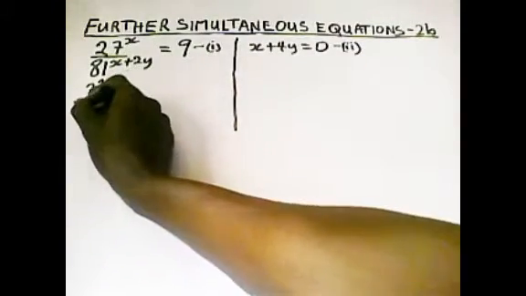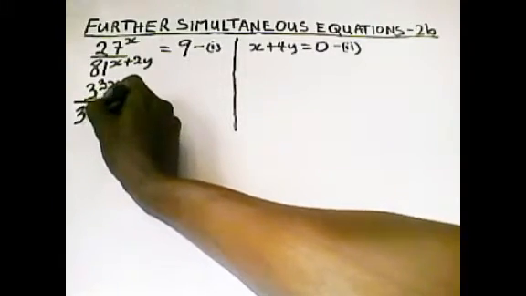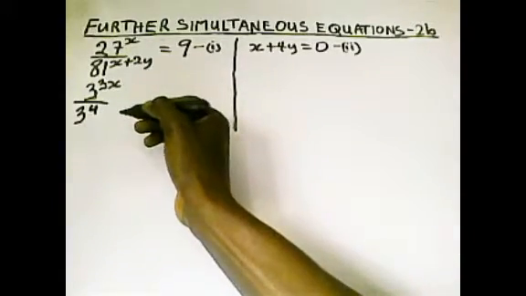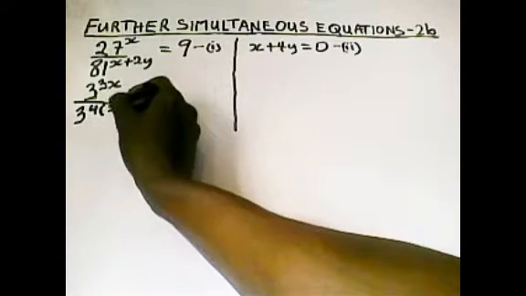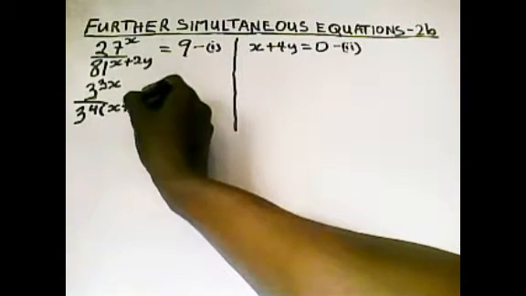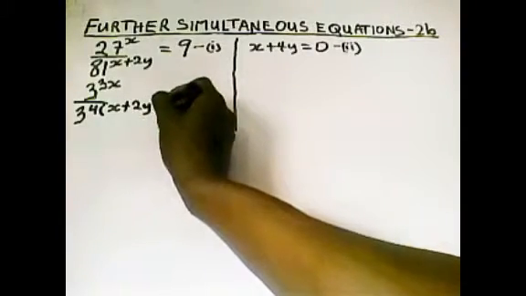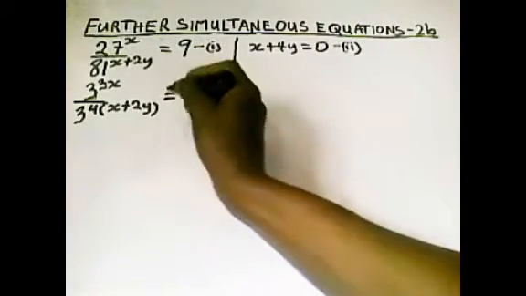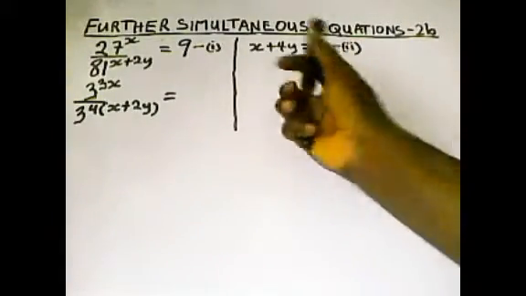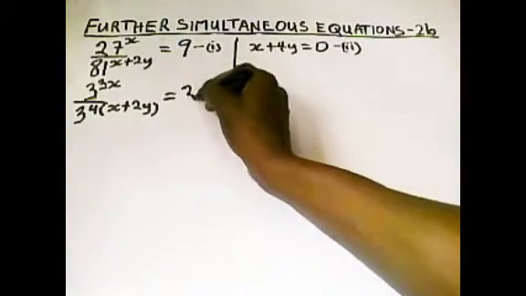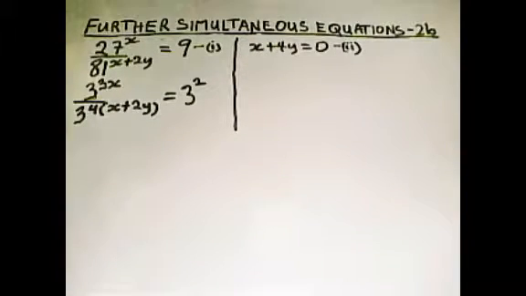So here we write 3 power 4, then the 4 will multiply everything in the power, which is x plus 2y. Then we close the bracket. Also, how many times will 3 multiply itself to give us 9? Of course, 3 times 3 will give us 9, which is 3 power 2. All right, so that is what we are going to have.